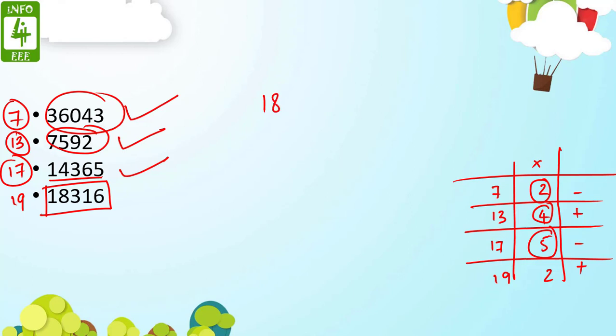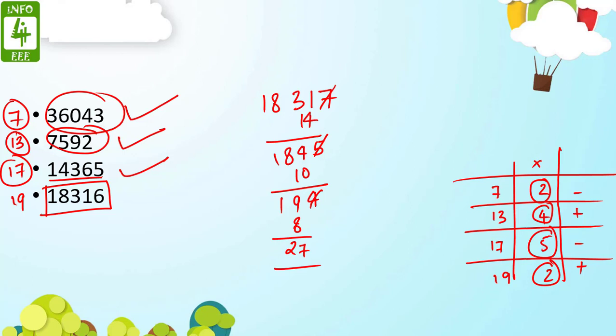So I know this number is divisible by 19, so I am intentionally changing it to, let's say, 18317. Now let's try for 19. Take the last digit, multiply with 2 and add to the remaining digits. So 7 twos are 14. So add it, take the last one, double it and add it, take the last one, double it and add it.